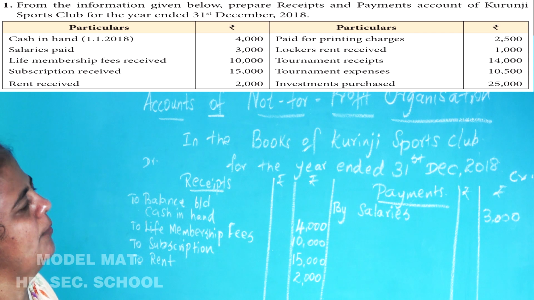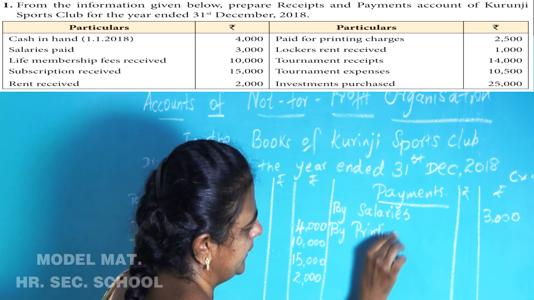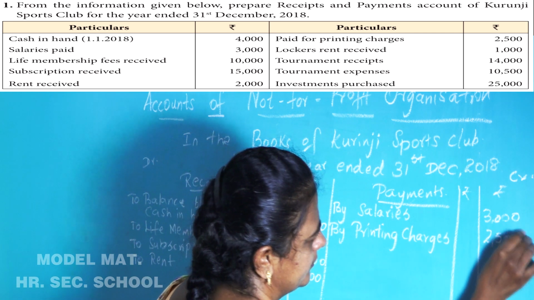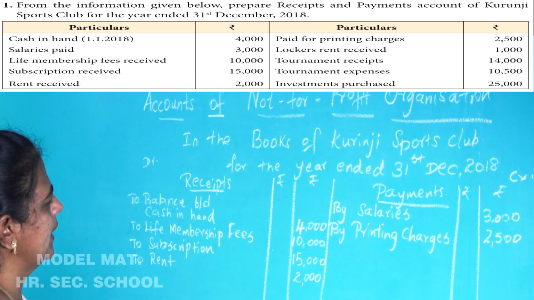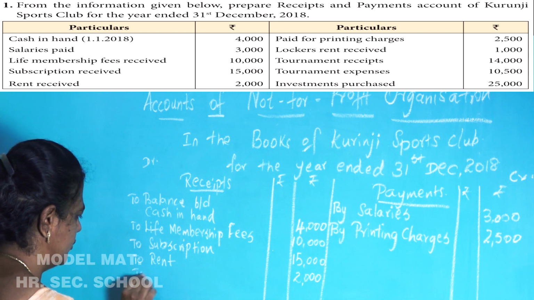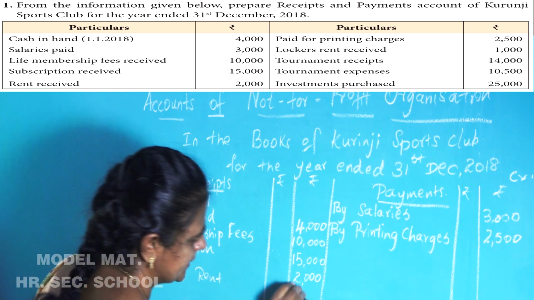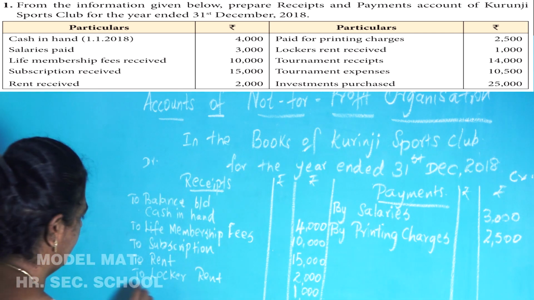Next, paid for printing charges, payments, by printing charges 2,500. Next locker rent received 1,000, a receipt, to locker rent 1,000.